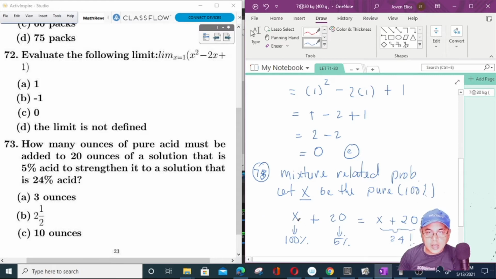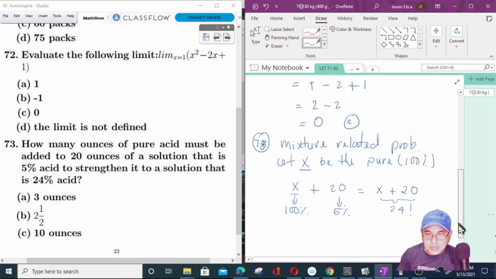So the question is how many ounces of pure acid, x, with the solution 100% plus to be added to 20 with 5% is equal to, just get the sum, x plus 20 with a total of 24%. So what is to be added on this equation in order to get the value of x? So how many ounces of pure acid? So this is the unknown.